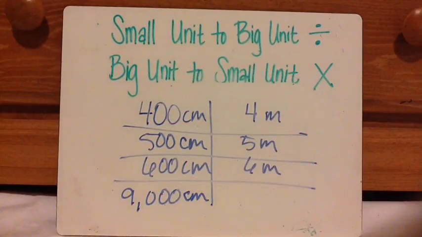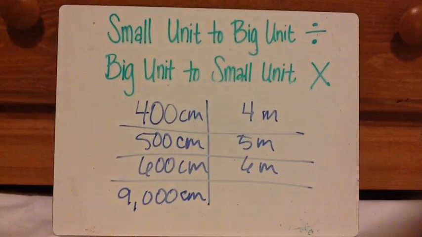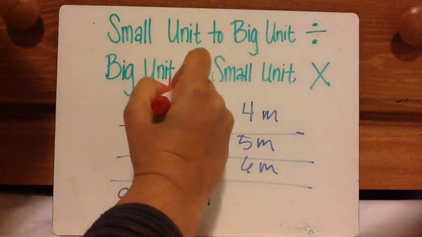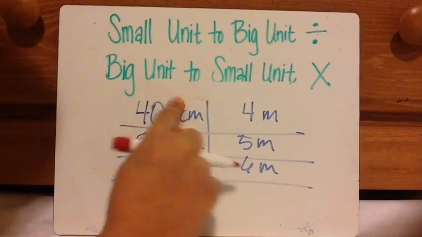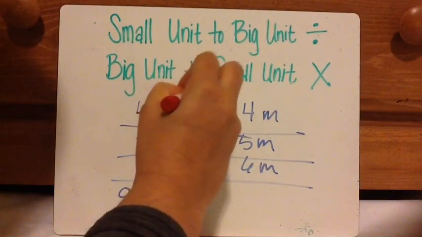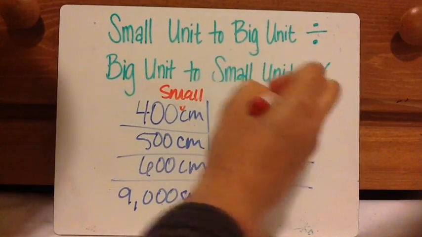Okay, let's look at this one. 400 centimeters is 4 meters. 500 centimeters is 5 meters. 600 centimeters is 6 meters. 9,000 centimeters is what? So I know I'm going from a big... Nope, that's not true. Sorry. That's a small unit to a big unit.